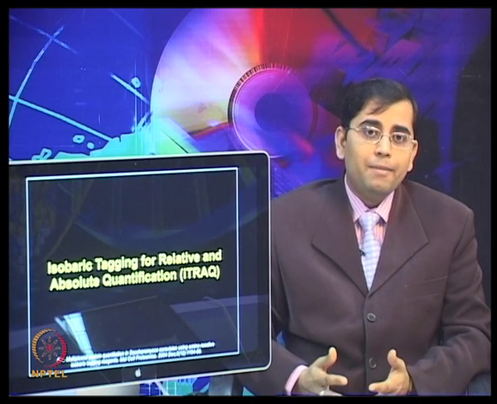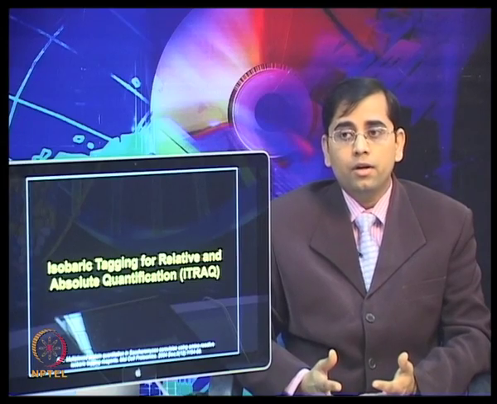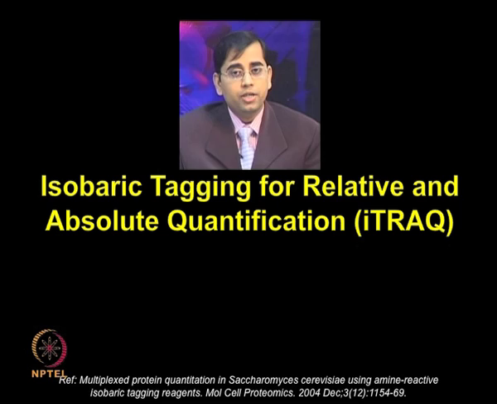As I discussed, mass spectrometry has played a very major role in proteomics, and now it is becoming a very essential tool to study the complex biological system in various diseases. iTRAQ is a mass spec based technique for relative and absolute quantitation of proteins present in up to 4 samples or up to 8 samples, depending upon the type of iTRAQ tags.